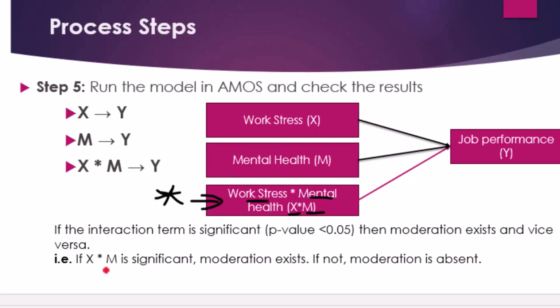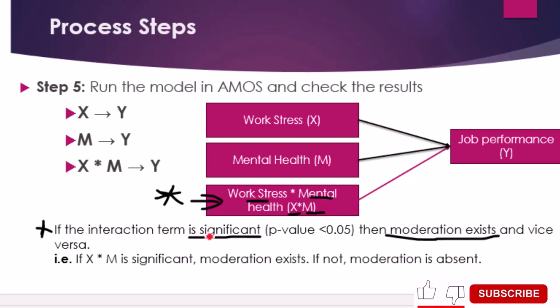So when we get the results, how do we interpret them? If the interaction term is significant, that means the p-value is less than 0.05, then the moderation effect exists, and vice versa. If it is not significant, then there is no moderation effect.